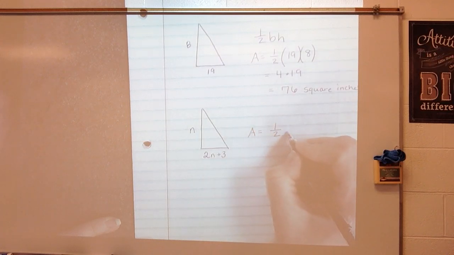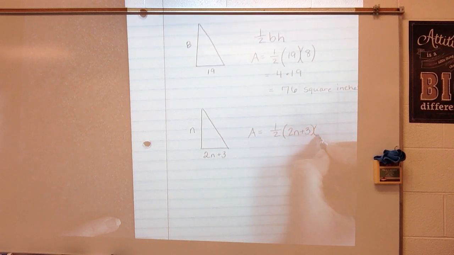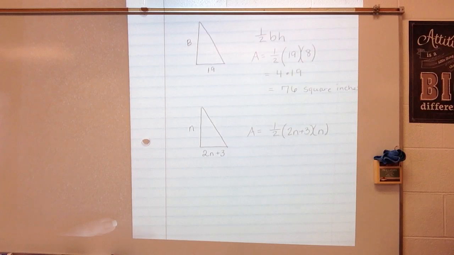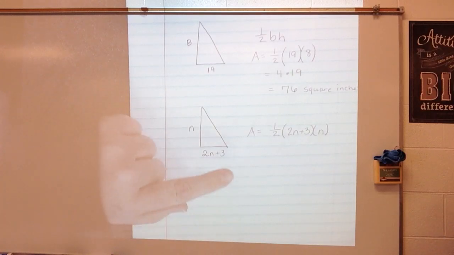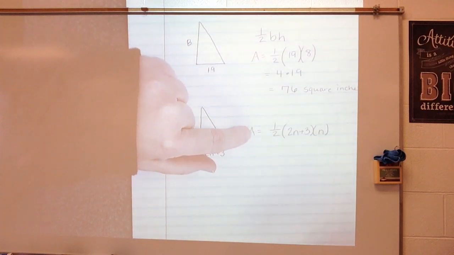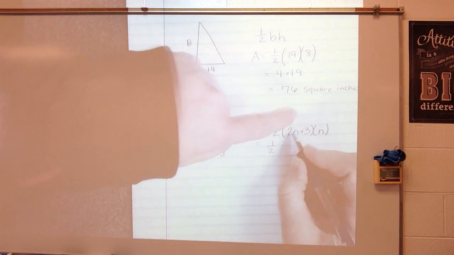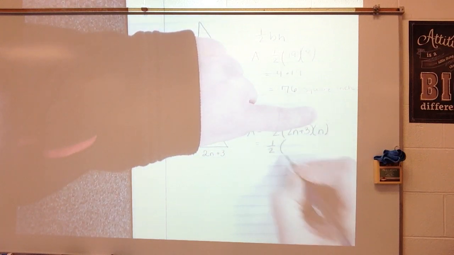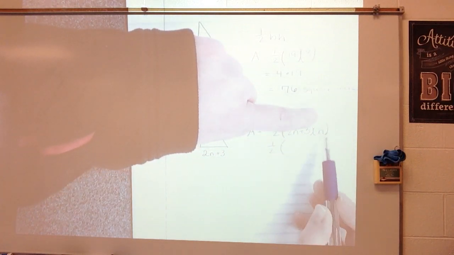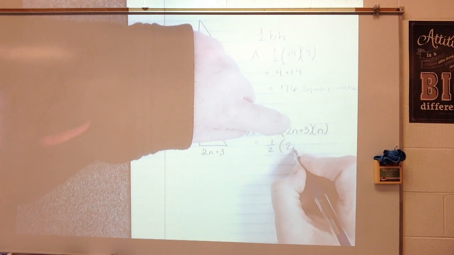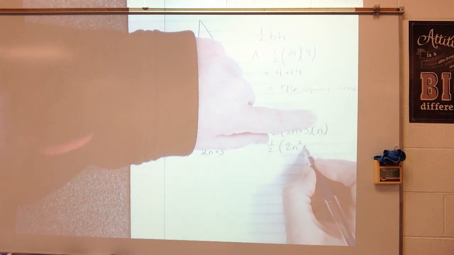So 1/2 times base times height. And we don't leave it like this. We go ahead and simplify it as much as we possibly can. So we are going to multiply 1/2, let's multiply the n and the 2n plus 3. So n times 2n is 2n squared, and 3 times n is 3n.